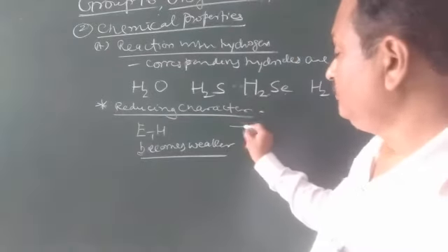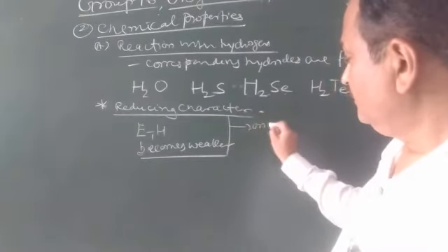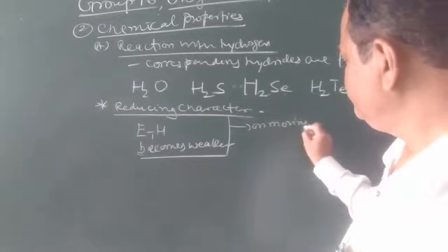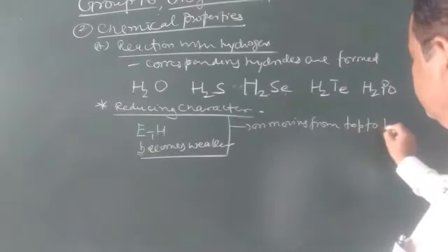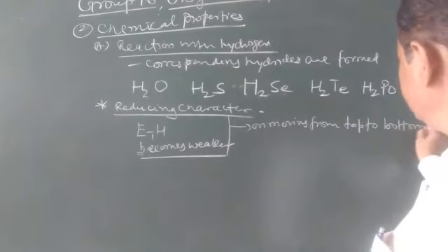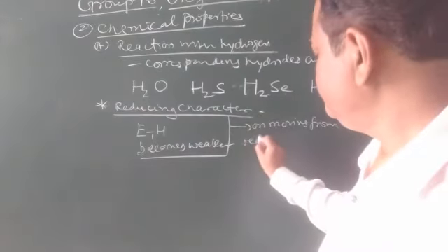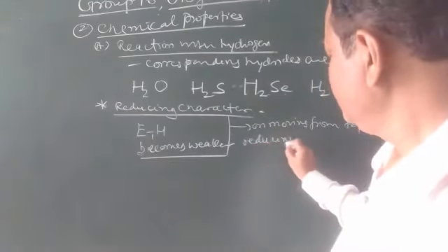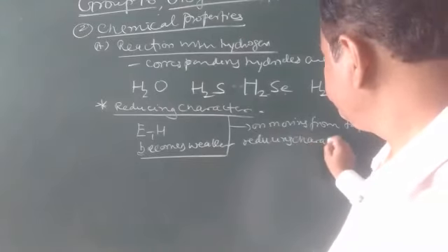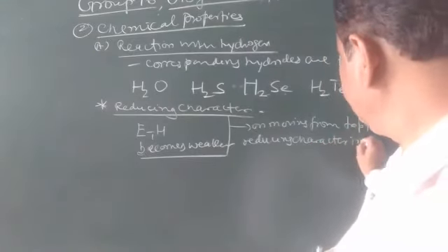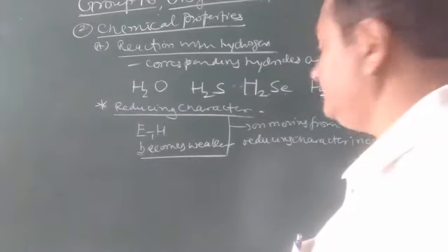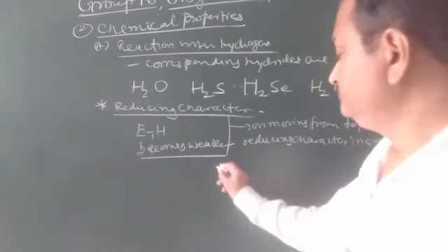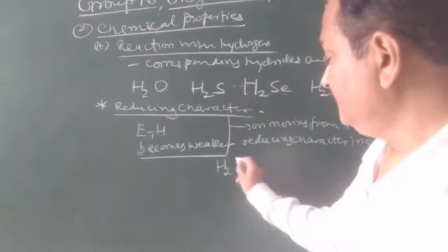On moving from top to bottom, reducing character increases. So you can say reducing character increases down the group, and so there is H2O.